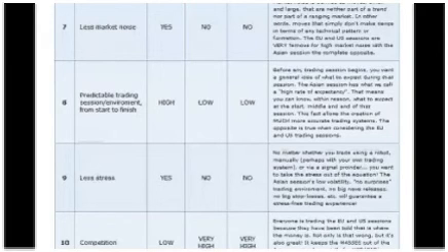Lastly, competition. Guys, listen, you have probably heard the saying, 95% of traders lose money, 5% make money. Well, that's because of competition. Those 95% of traders are where everybody else is.